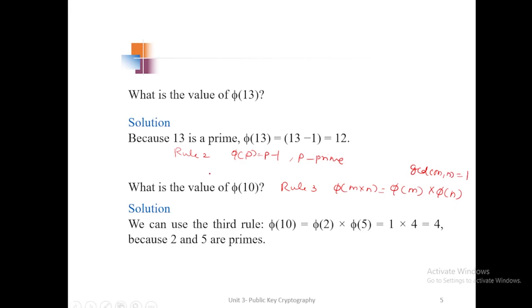So pi of 10 can be written as pi of 2 into pi of 5. 2 is a prime number, so we apply rule 2, and the answer for pi of 2 is 1. 5 is a prime number, so pi of 5 is equal to 5 minus 1, so the answer is 4. 1 into 4 is 4. So the answer for pi of 10 is 4.